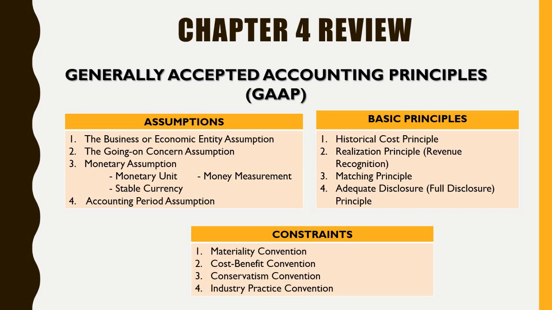You're learning your assumptions, your basic principles, and your constraints and conventions. So A, B, and C. Each one has four sections under it. So there's a total of 12 principles right now, and each one is designated.